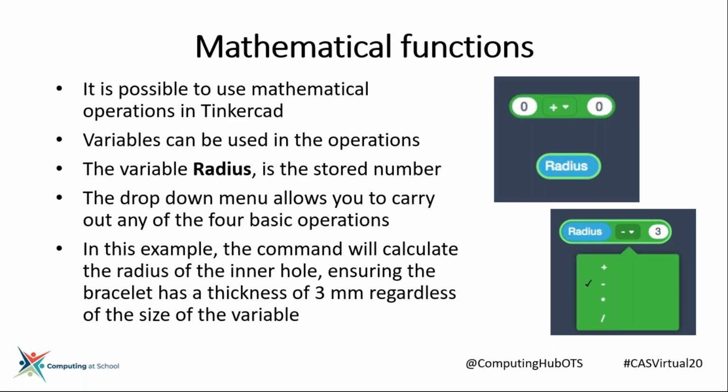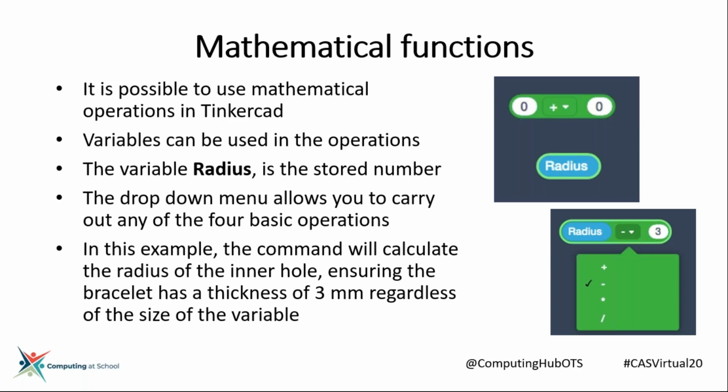And one would hope that we'll have an answer something like, regardless of however big that variable is, in this instance 35, the hole that we have created in the middle will be the original radius minus 3 millimeters. So what we will end up with, and I hope you will see this little bracelet bangle unfold this morning as we go through this session, is essentially a hoop, a bangle of a radius, which is a variable, and it will have a wall thickness of 3 millimeters.